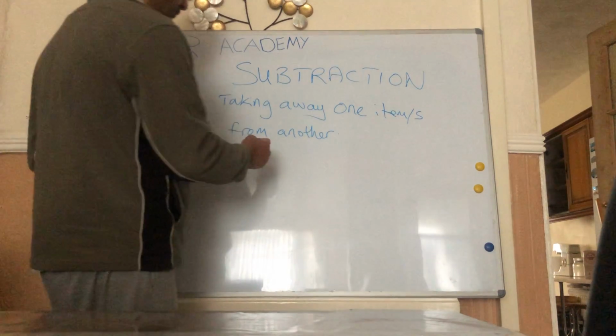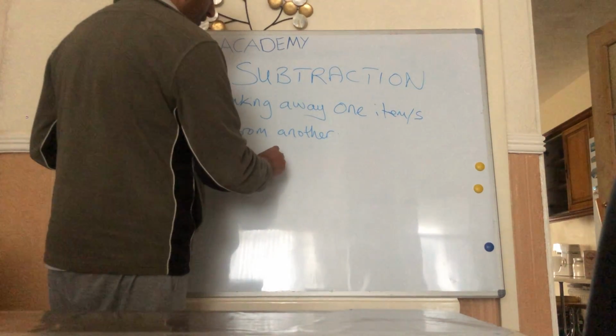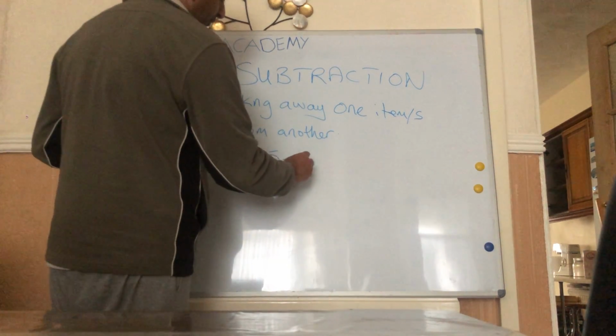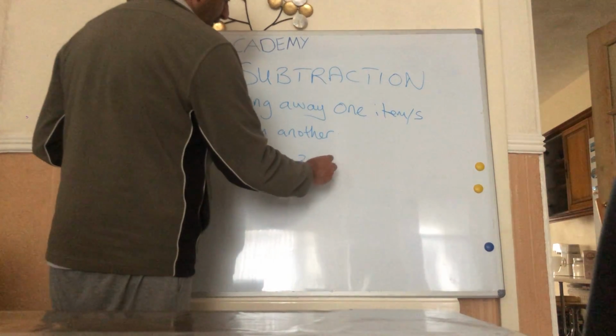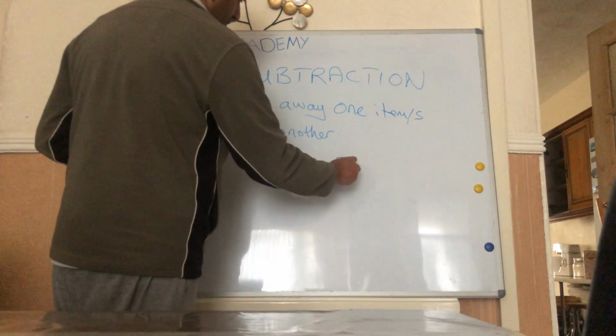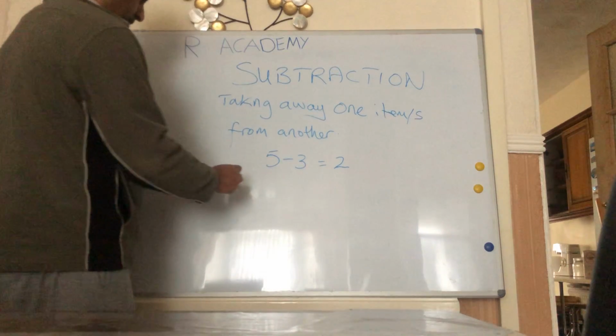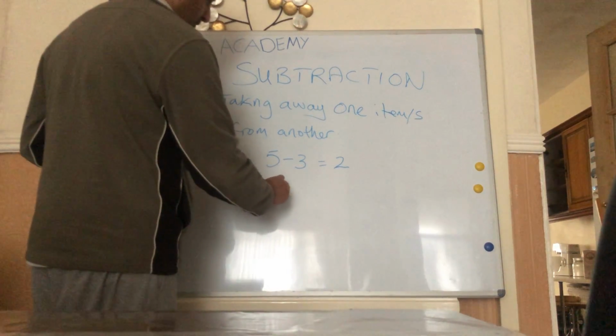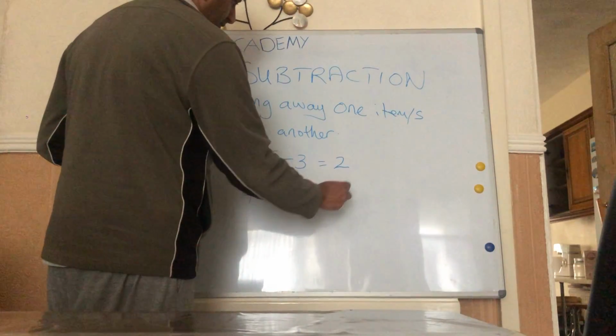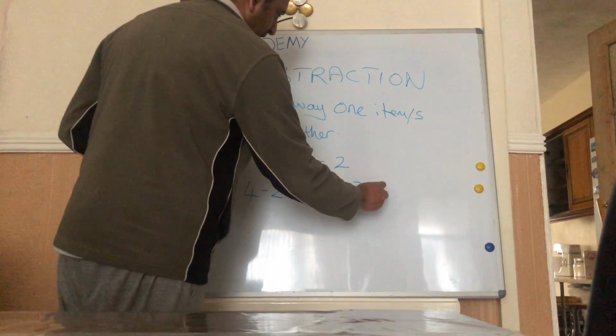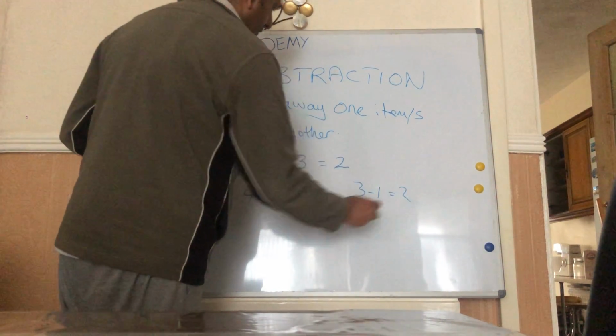Example would be 5 minus 3 equals 2. 4 minus 2 equals 2. 3 minus 1 equals 2.